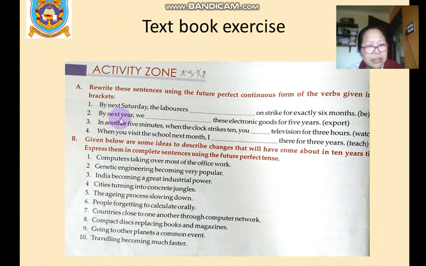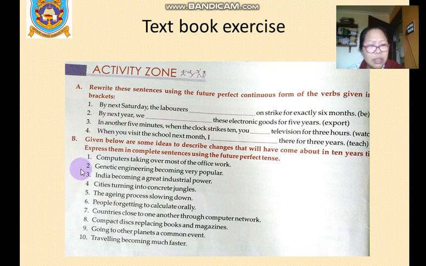So by next year we shall have been exporting these electronic goods for 5 years. Shall have been exporting, the verb form will have ing. Then I will leave the remaining two for you all to do.